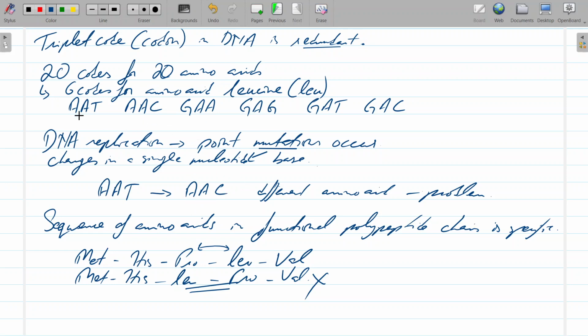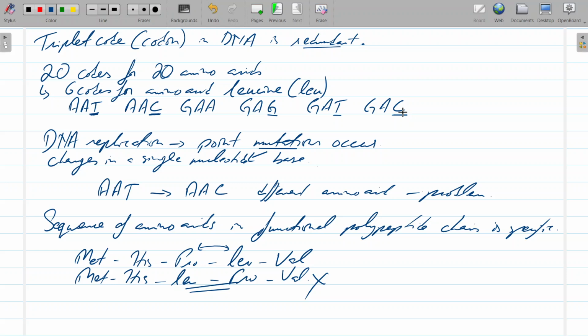But as you can see over here, in the case of leucine, it makes no difference. If the AAT changed to AAC, and then you've got GAA, GAG, GAT, GAC, it's all the same. Now this is an example where leucine has 6 different codes. Not all amino acids have that many. Some have 2, 3, and there are 2 of them that only have a single code.